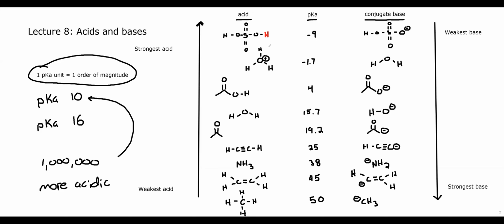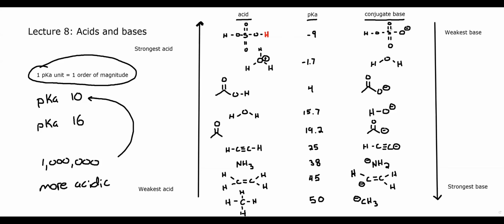It really wants to dissociate. That's what it means to be a strong acid. It means that that hydrogen wants to leave, wants to be donated, right? If it does, that makes the HSO4 part of the molecule nice and happy. It thinks to itself, we finally got rid of that red hydrogen, and it's happy again.